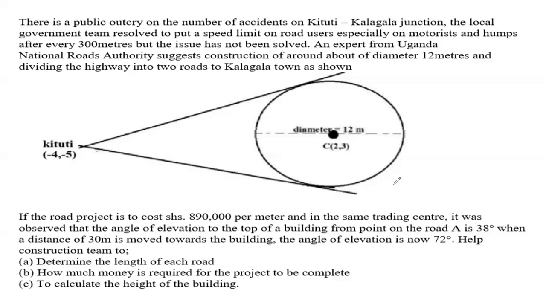Now, when you look at this particular item, it combined 3 things. One, it has an element of circle properties. And under circle properties, this line here is what we call the tangent. We know that a tangent is a line that touches the circle at one point.